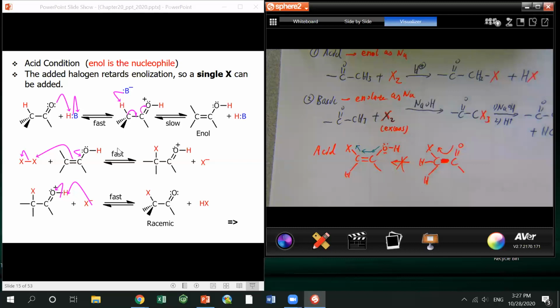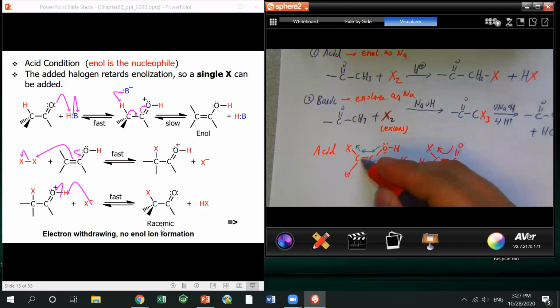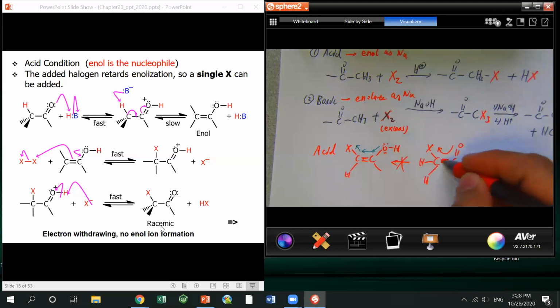The reason is the electron withdrawal by the halogen, so no enol intermediate is formed. That's a double bond on the carbon: this one has a C=C double bond, and this one has a C=O double bond with C–C single bonds.